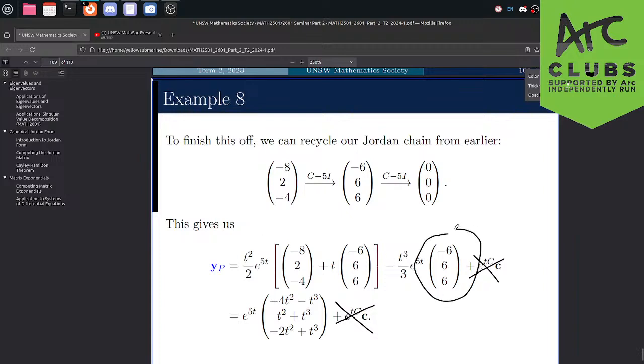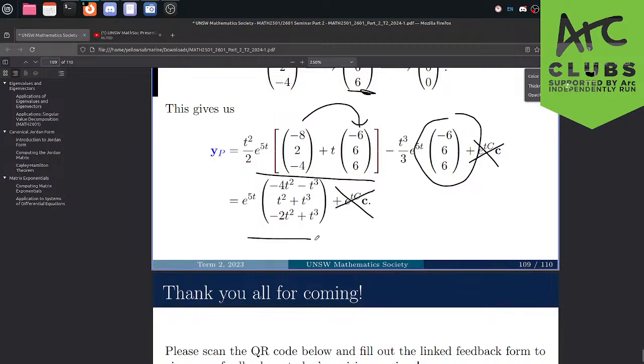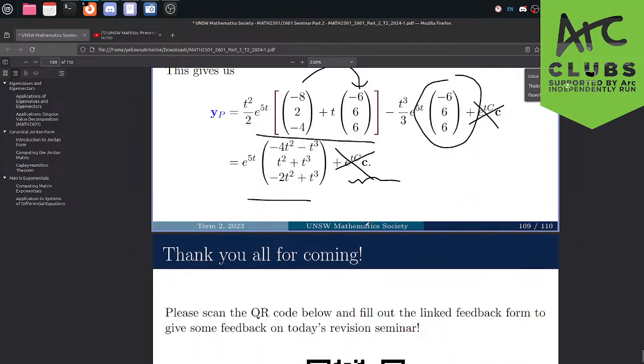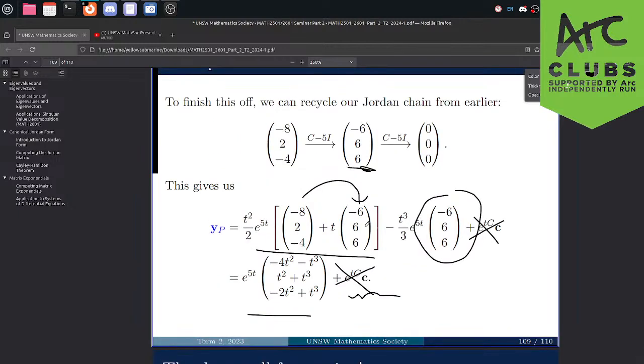This one here, there's only one term for the Jordan chain because this is an eigenvector, and for this vector here, it's a length 2 Jordan chain. So you introduce these two terms here, you expand out, and you get this as your particular solution. This is your homogeneous part. And so we're done. And this is how you solve ODEs.